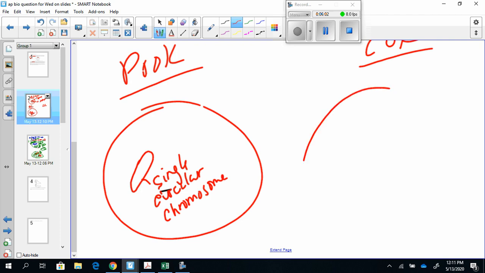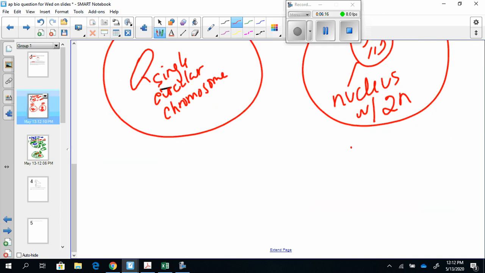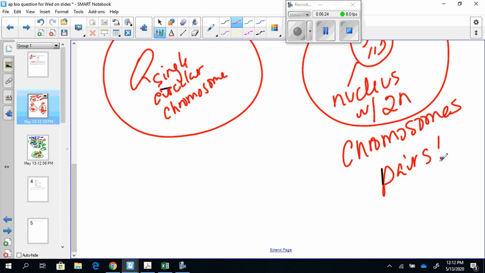All right, over here, if I have a eukaryotic cell, I have a nucleus and I have pairs of chromosomes. So this is a nucleus with diploid chromosomes. So there are pairs. Over here, there's no pairs.